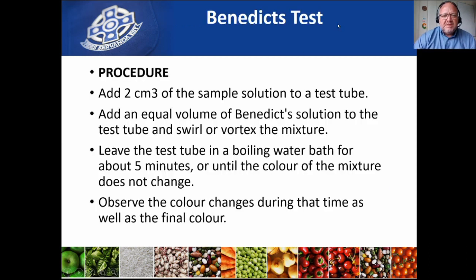Okay, so the Benedict's test. This is the test for sugars. Now remember, we talked about sugars as carbohydrates, and we said that we can have complex sugars, which are long chains of sugar.